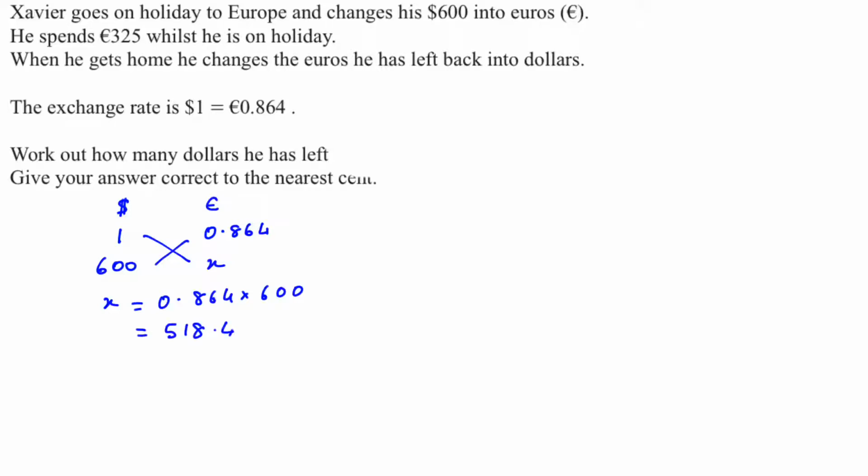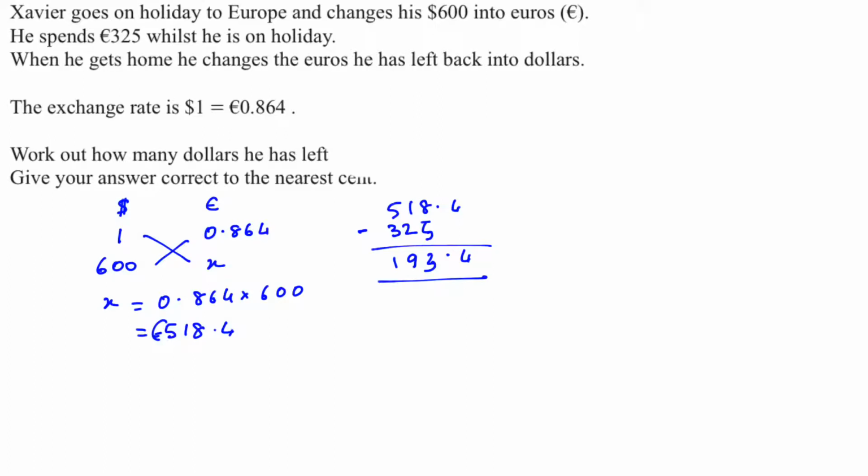So this is the euros that he got. Out of the 518.4, he uses 325. That will give us 193.4. This is what he saves.